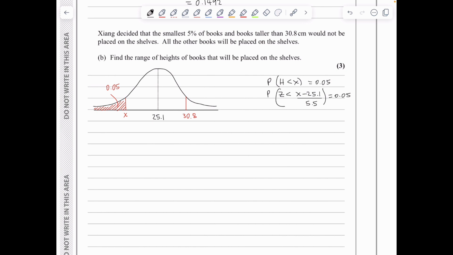Now I'll be using the small table of values of the normal distribution. So I want the statement here to read probability of z greater than. So in order to do that, I'll be writing probability of z greater than 25.1 minus x over 5.5 is equal to 0.05.